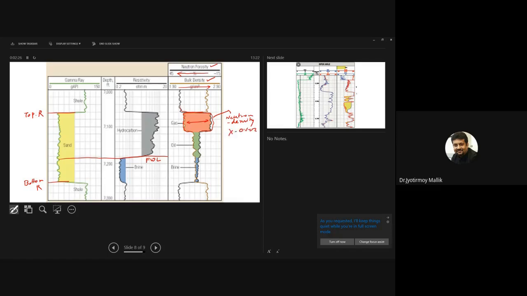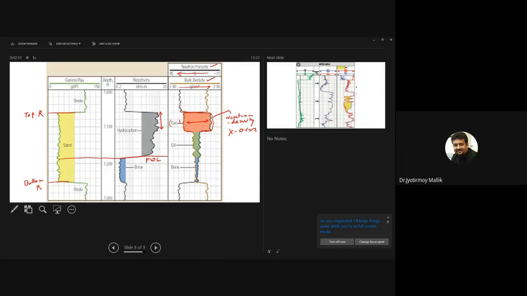And such a large neutron density crossover is typical representation of gas. So this interval is perhaps filled with gas that you cannot distinguish from the resistivity curve. You can distinguish it only from the neutron density curve.